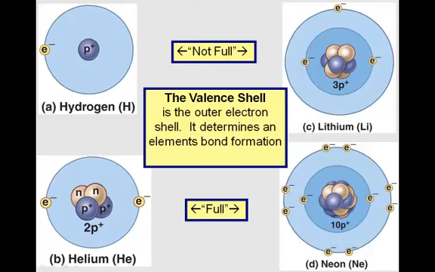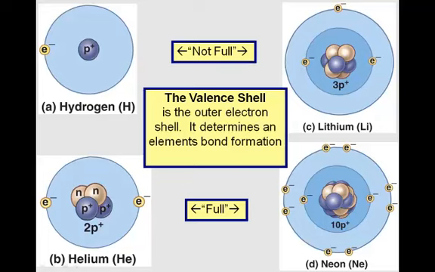The arrangement of the shells is going to vary. The very first shell, and these shells are called valence shells, that first shell is going to have a maximum of 2 electrons. The second shell is going to have a maximum of 8 electrons.